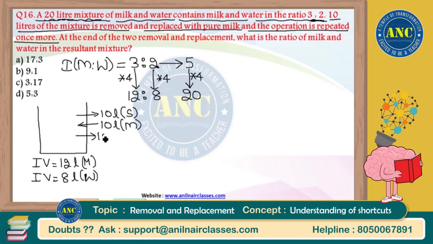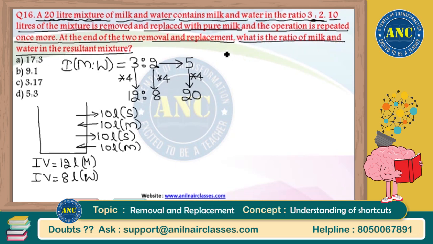Same thing, do it once more. 10 liters of solution is removed, 10 liters of pure milk is added. At the end of 2 removals and replacements, what is the ratio of milk and water in the resultant mixture? They are asking you the final ratio of milk and water.